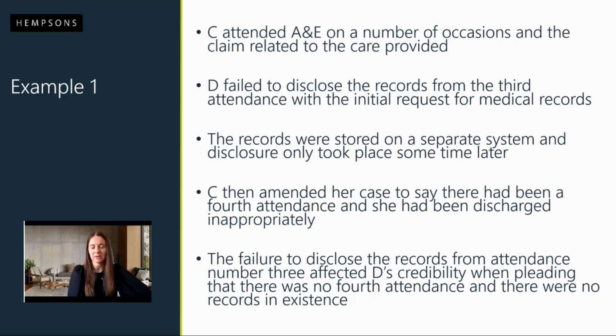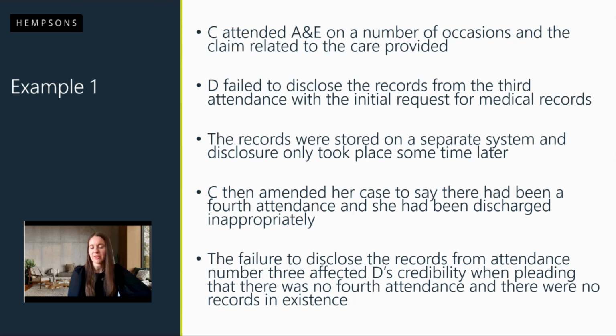So the first example I wanted to mention was a clinical case where the claimant had attended A&E on multiple occasions. The care she was provided in A&E was criticised, but we disclosed records from her first and second attendance when we were asked for records. And then 2 years later, we disclosed records for a third attendance.